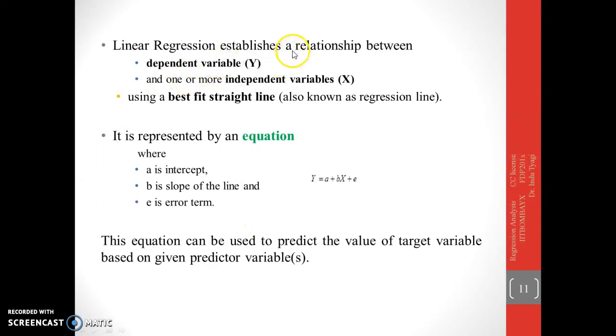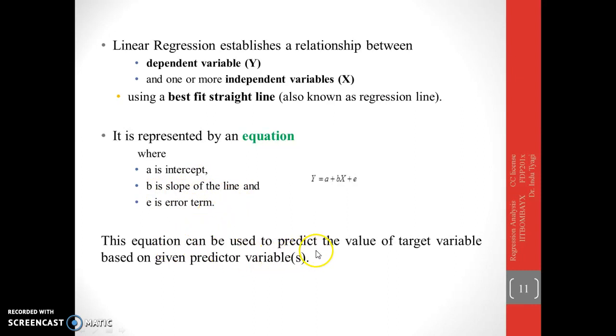Linear regression establishes the relationship between dependent and one or more independent variables using a best fit straight line, also known as regression line. It is represented by an equation where a is an intercept, b is the slope of the line, e is the error term.